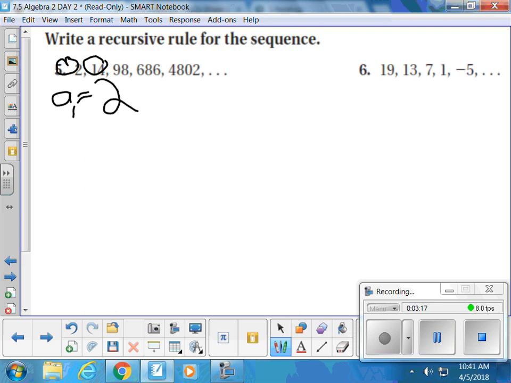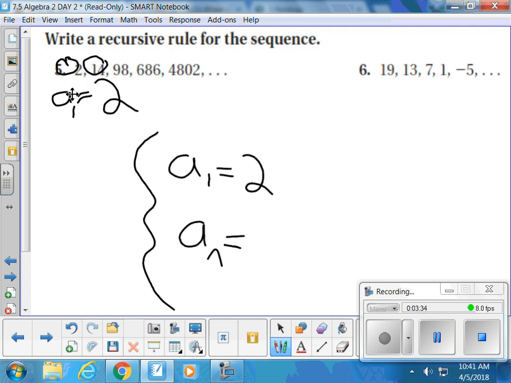And we get 7. So now we know, so we write down A1 equals 2. We write A of n equals A n minus 1 times 7. That is how you do number 5.